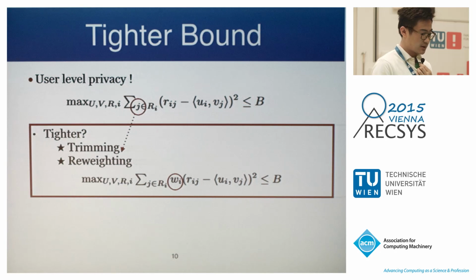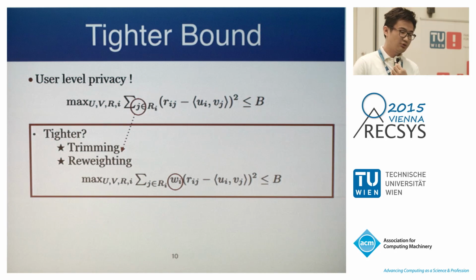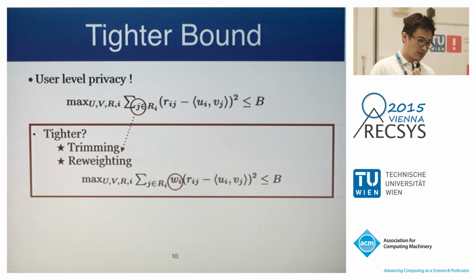In this case, we have two tries. First is trimming. Obviously, because of the power law distribution, only a tiny number of users have a huge number of ratings, so it's still reasonable to have a threshold to cut them off.